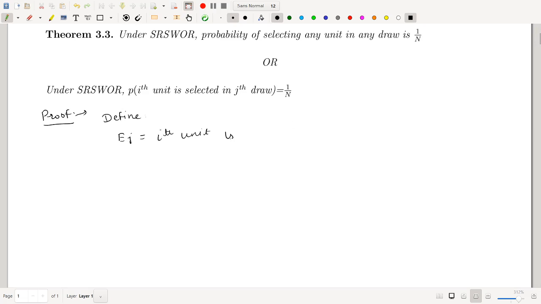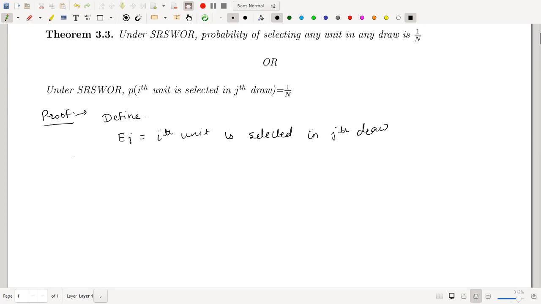Means if we take j as 1, then this means ith unit is selected in first draw. If we take j as 2, this means ith unit is selected in second draw. So in general, Ej means ith unit is selected in jth draw.